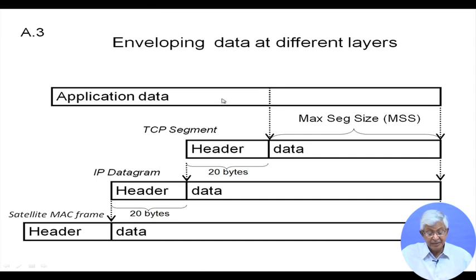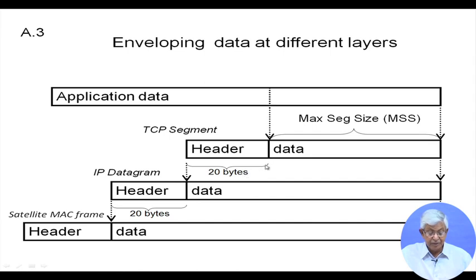Let us try to recollect our original picture. The application data is sent to TCP and TCP segments it. From the application data it takes out a segment, which is the maximum segment size, and adds a TCP header which is 20 bytes.